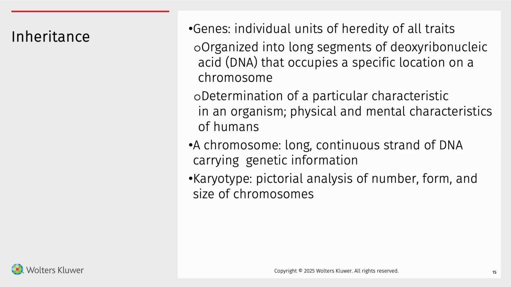A karyotype is a pictorial analysis of the number, size, and shape of chromosomes within a cell. It's used clinically to detect chromosome abnormalities such as Down syndrome, which is trisomy 21, the presence of an extra chromosome.